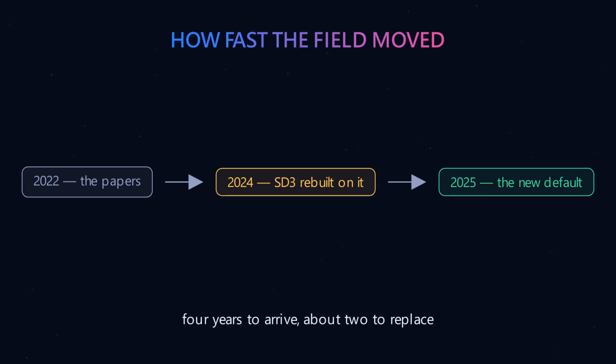Four years is a long reign for any idea in a field that moves this fast, and the replacement didn't take another 4 years to arrive. It took about 2. That's the real shape of progress in this field right now. Not a slow accumulation of bigger models on the same equations, but the occasional discovery that an equation itself was never load-bearing in the first place.